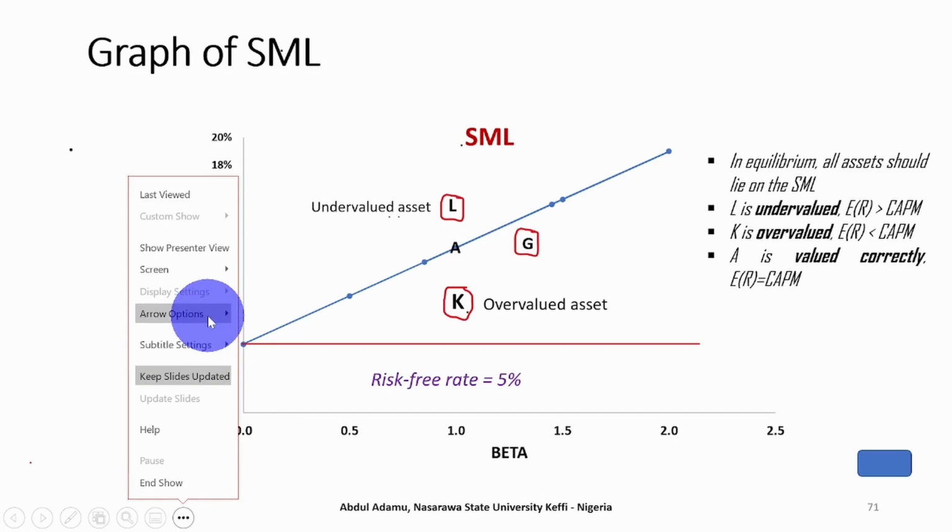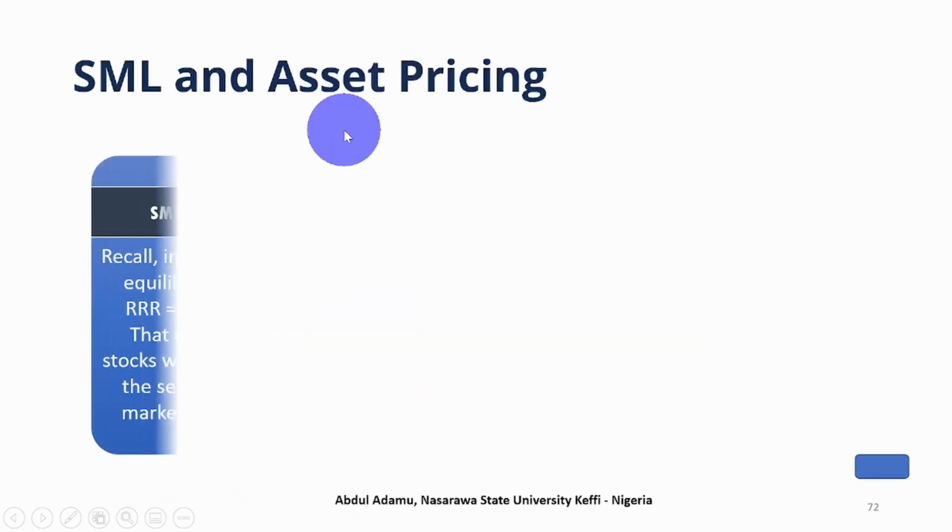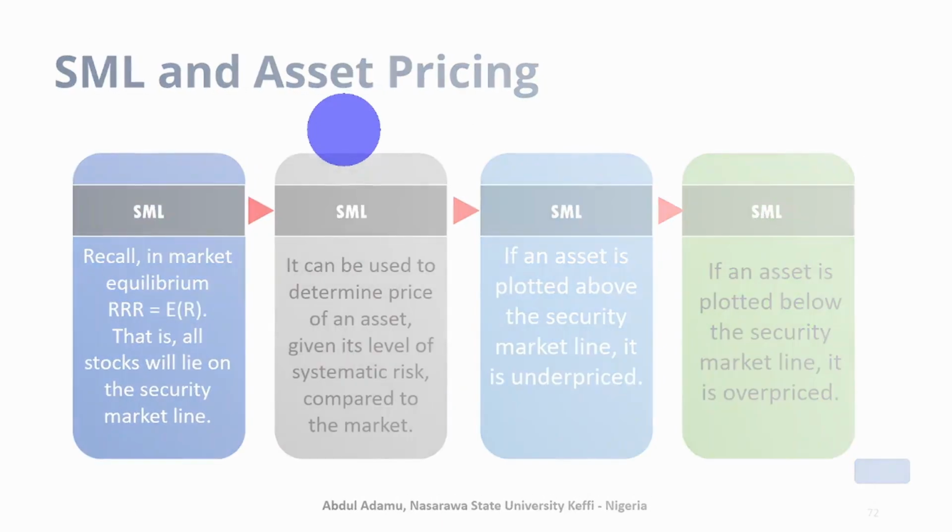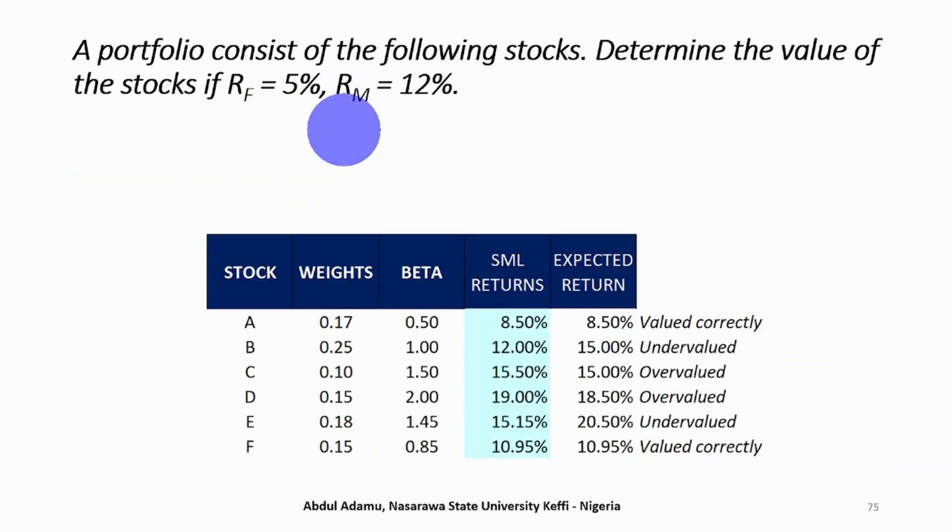If we come back to our result, this is our result. So we can see this is the one on the line. This value is above this, is undervalued. This value is below this, is overvalued. This value is above this, that is undervalued, and this value is equals to this. That is why we say it's valued correctly.